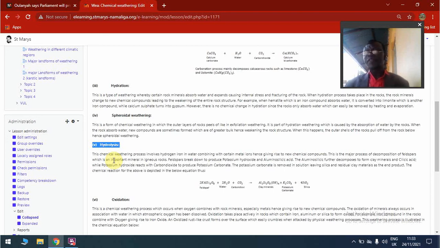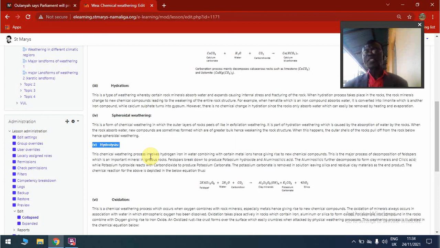Now, how does this hydrolysis occur? When the hydrogen ion in water comes into contact with the rock minerals, there will obviously be a change in the chemical composition of the minerals of the rock. And this change in chemical composition will gradually weaken the rock, and eventually the rock becomes a different form of rock, different in terms of chemical composition and also physical properties.